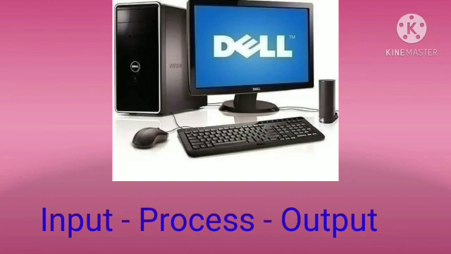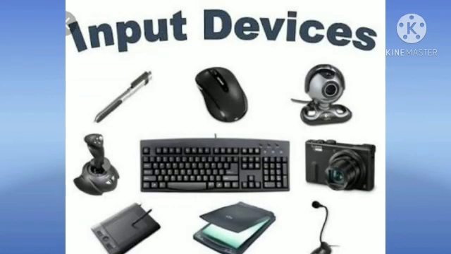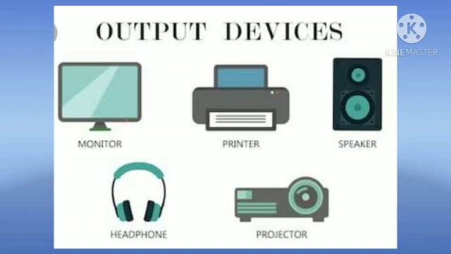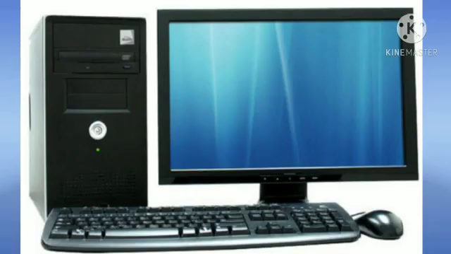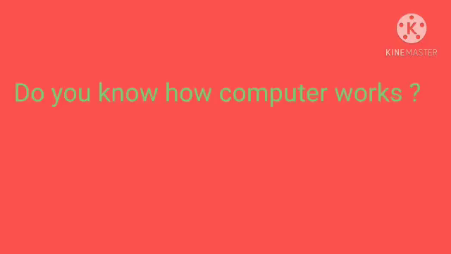Similarly, after the computer has processed the data, we need to produce an output of the results. A computer takes input through various input devices and gives output through various output devices. These devices are connected with the computer. Some devices are used to store the data and save our work.